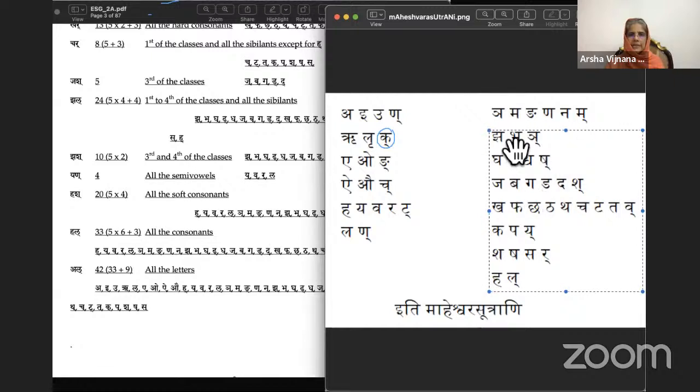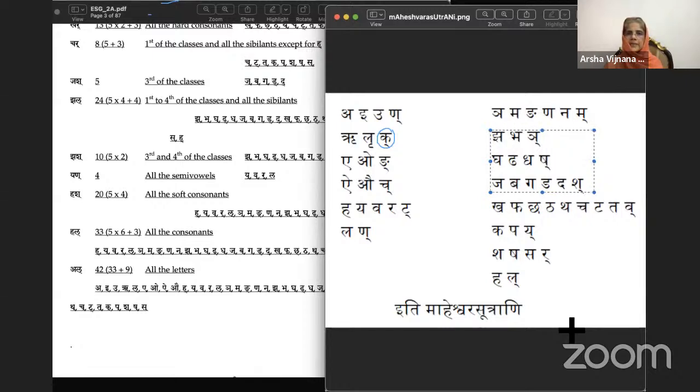And what is jhash? We saw jash, but what is jhash? Not all the soft consonants, because we are not including the nasals.